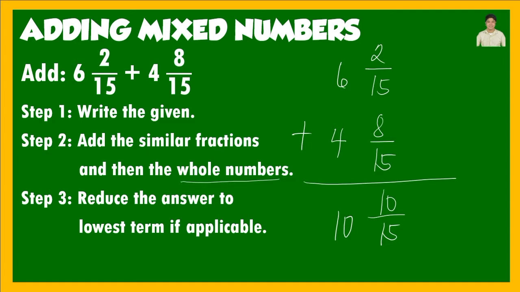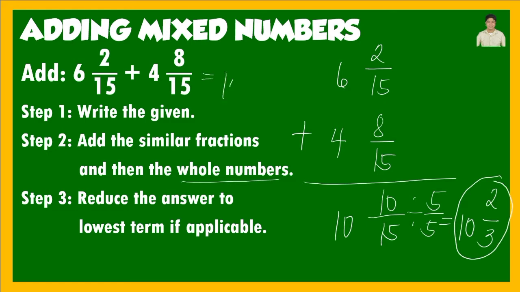So, we have to divide both numerators and denominators by 5. So, copy lang natin yung whole number. So, 10 divided by 5, we have 2. And then 15 divided by 5, we have 3. So our answer is 10 and 2/3. Nakasimplify na po.